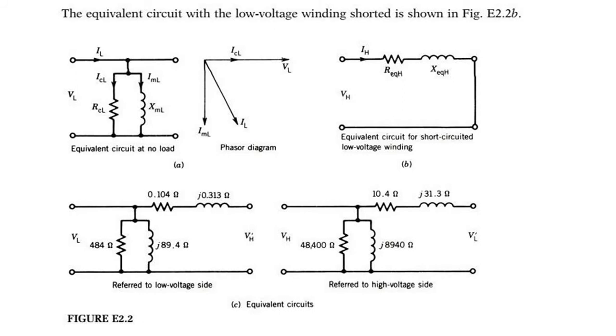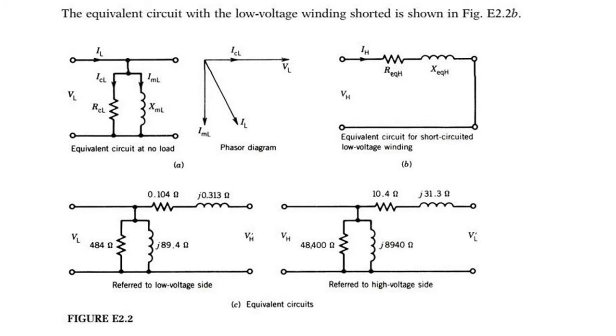The first equivalent circuit is no load, then the primary current, VL, IL, then RCL, XM. Then the phasor diagram, with current ICL and current IML. The resultant current means the load current.